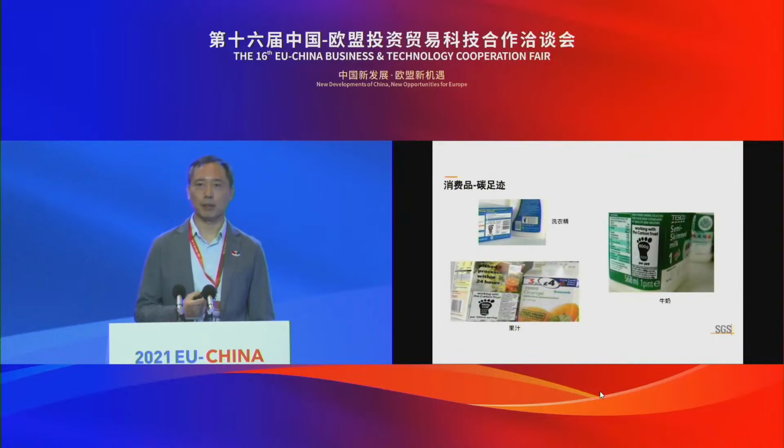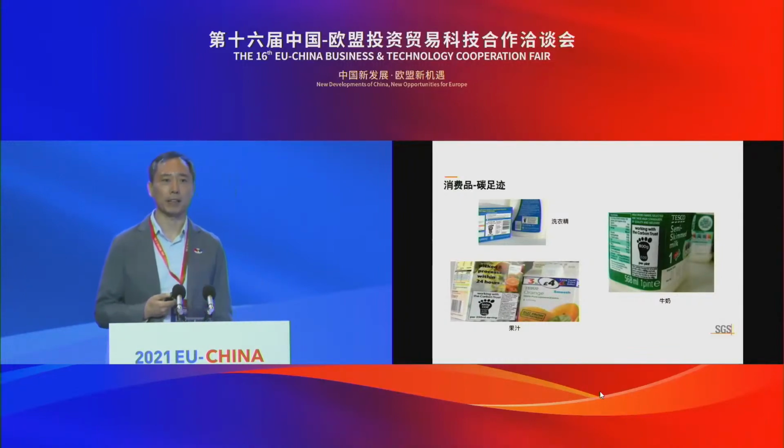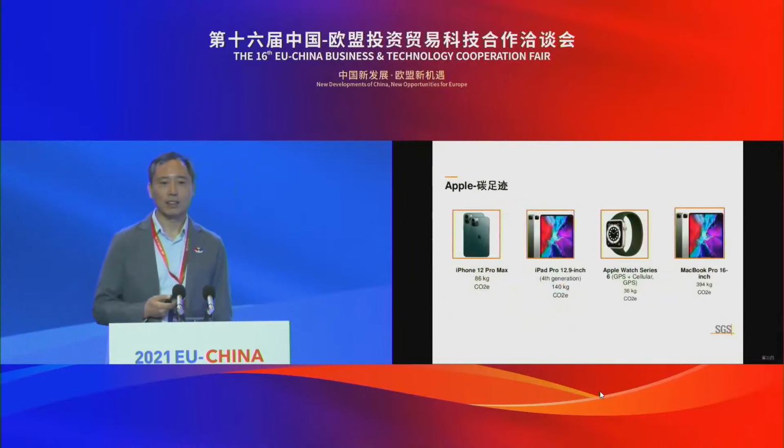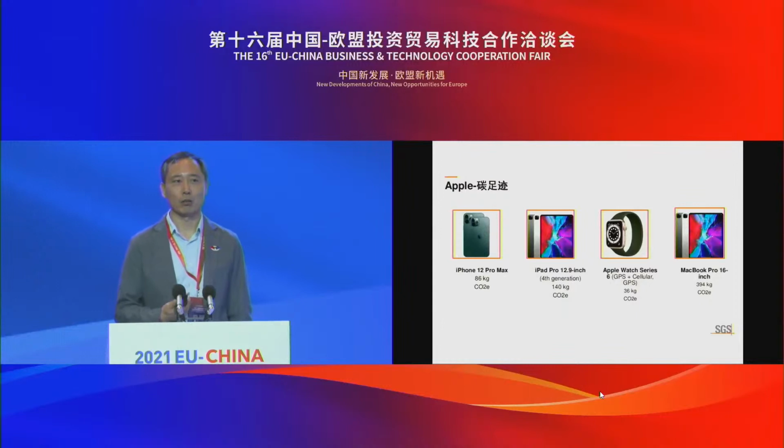In a lot of European supermarkets, when you buy products, there is a tag with the carbon information. This is what they do because every company shows responsibility to cut emissions.